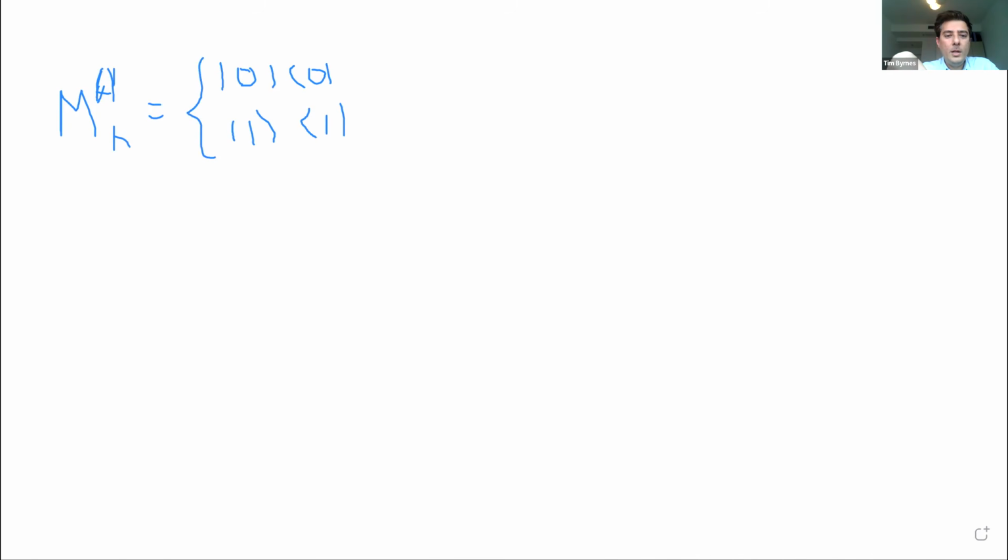So in terms of the matrix notation, this guy here would be a 2x2 matrix, like this, right? And so when you try to measure just one particle, that's the end of the story, right?